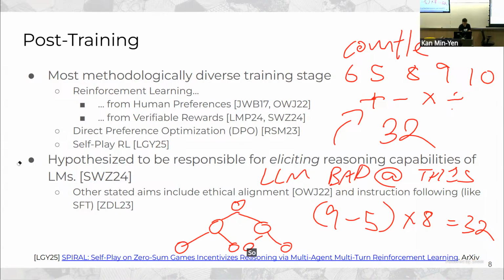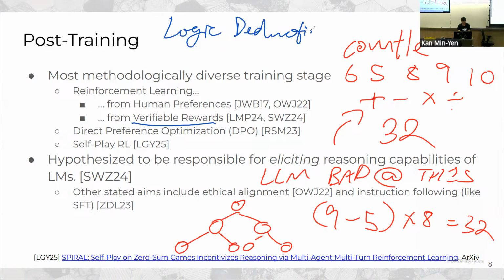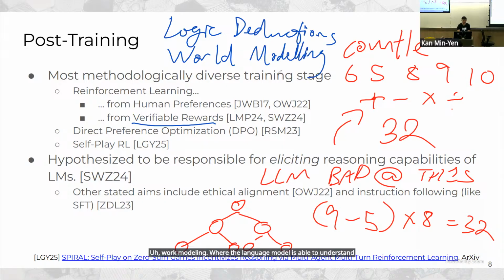So we're going to look at reinforcement learning with verifiable rewards to do tasks that require more sophisticated behaviors, logical deductions, right? First order logic. World modeling, where the language model is able to understand hypothetical scenarios.